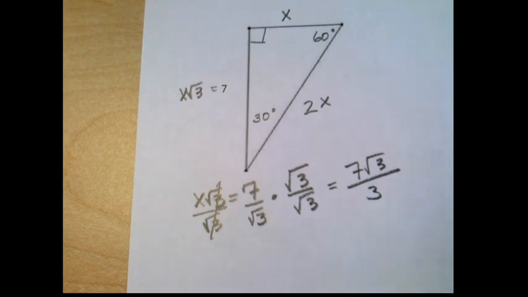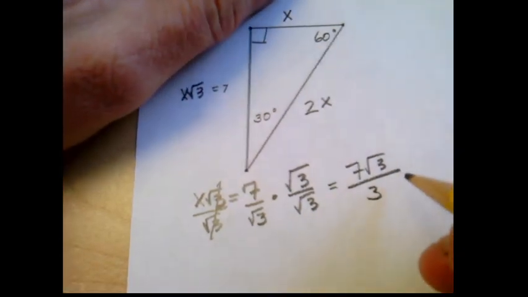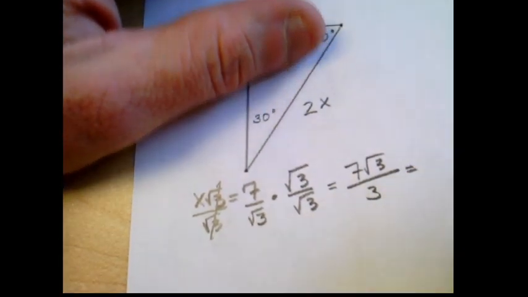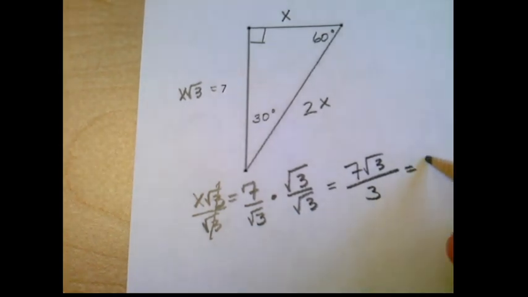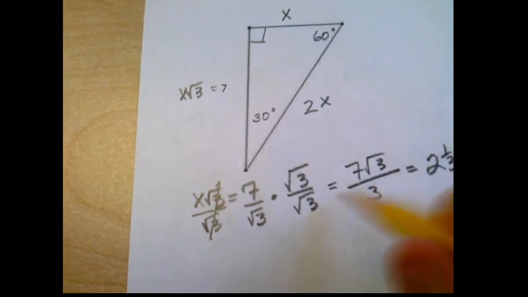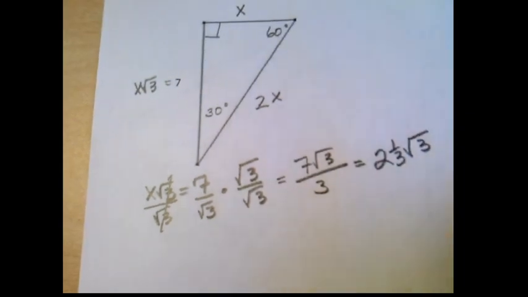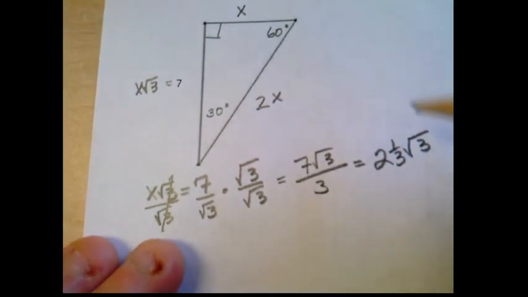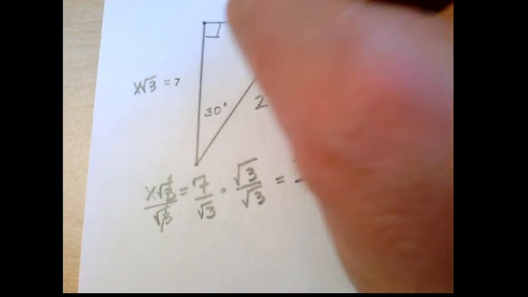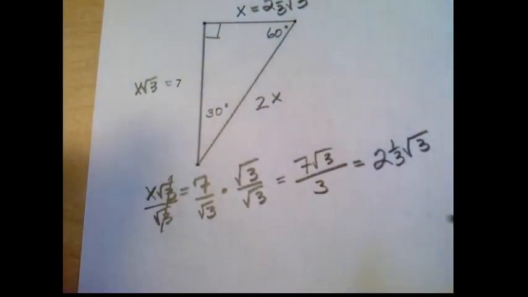All right, now from there, you can leave it like that. That's not the prettiest. 3 goes into 7 twice with 1 left over, so you could say 2 1/3 radical 3. That's the same as 7 radical 3 over 3. So that is just the x value. So if I put that in there, 2 1/3 radical 3. This one's 7.